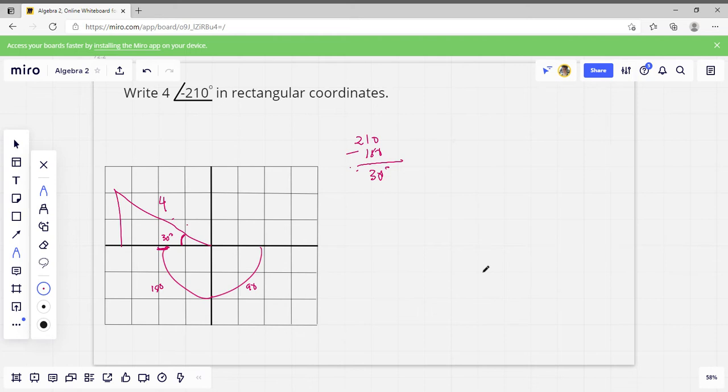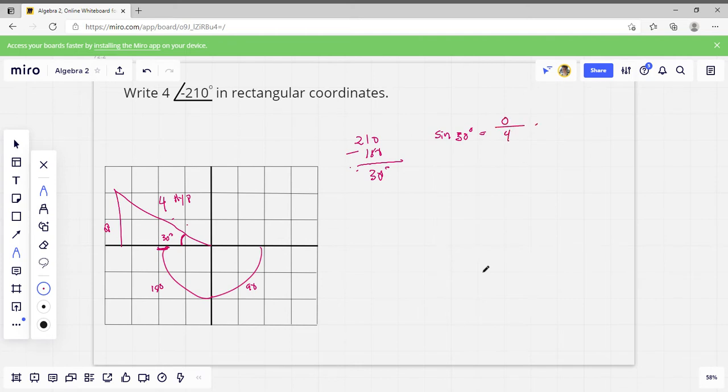Here's our opposite. Here's our hypotenuse. So sine of 30 degrees equals our opposite over our hypotenuse, which is 4.